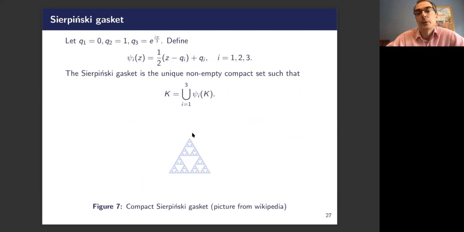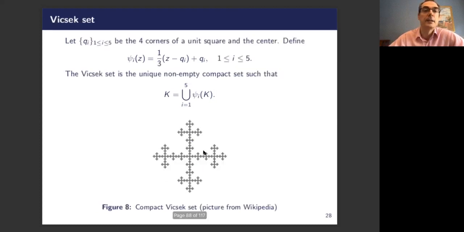You consider 3 similitudes with contraction factor 1/2 that act on these 3 points. That is, you iterate the 3 vertices using this family of similitudes, and you get a unique set, stable and invariant by this family, which is the so-called Sierpinski gasket, which looks like this beautiful picture on the slide.